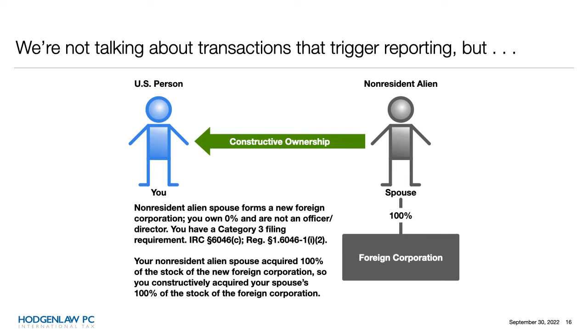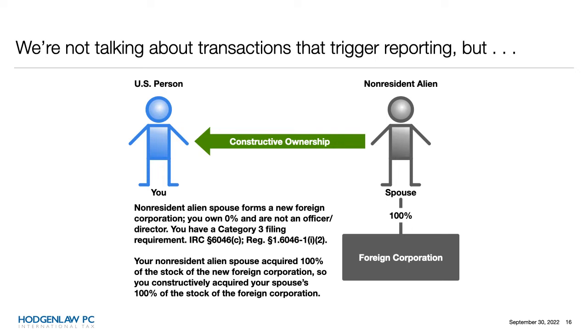So my little example here is a couple that is married. One is a U.S. citizen, let's say the other one is a non-resident alien, and they've gotten enough tax knowledge in their heads to understand that if the U.S. citizen spouse has any contact with a foreign corporation, it's going to spawn Form 5471 and a great deal of pain and expense. So they don't want to do that.